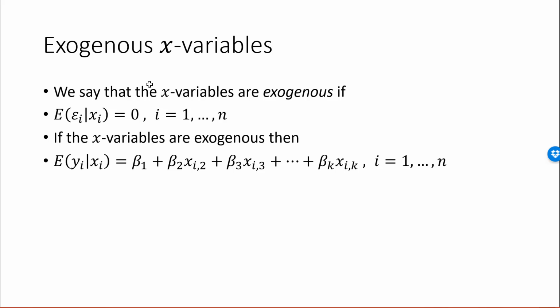The conditional expectation of y given x, conditionally on x and treating x as constant, is just a regular linear function of k-1 variables. So that means that we can combine the whole thing together and write it like this.